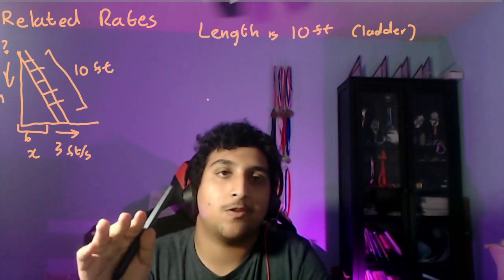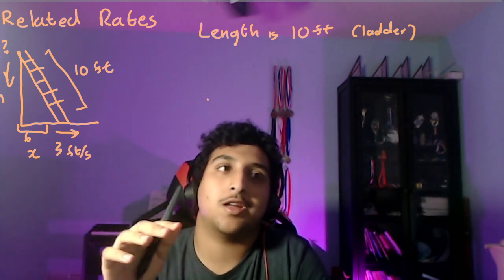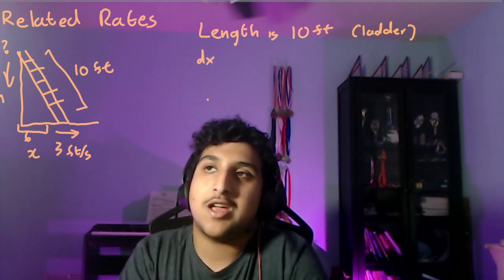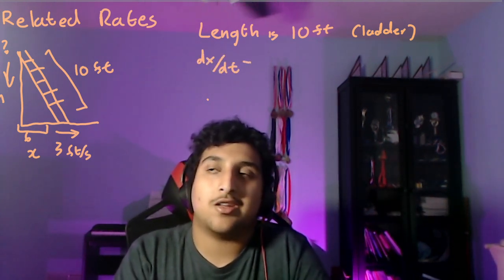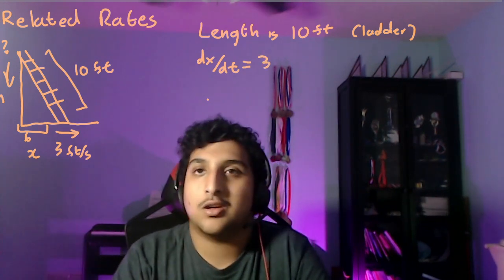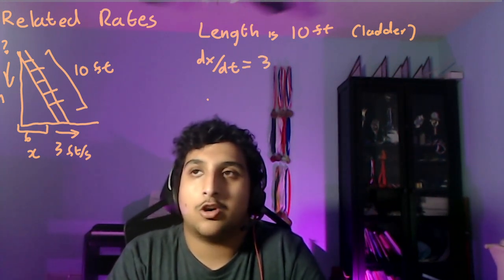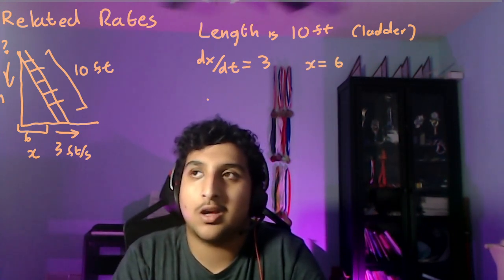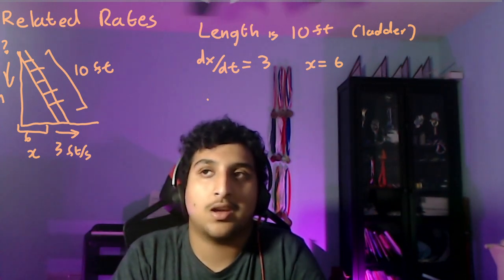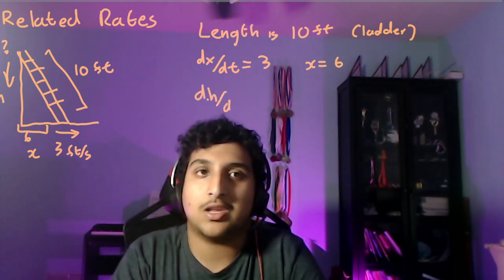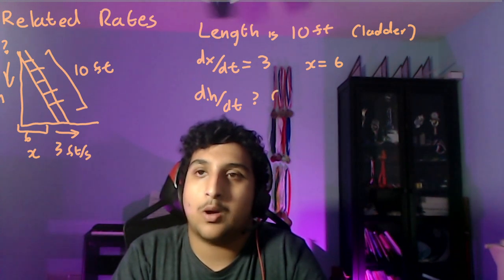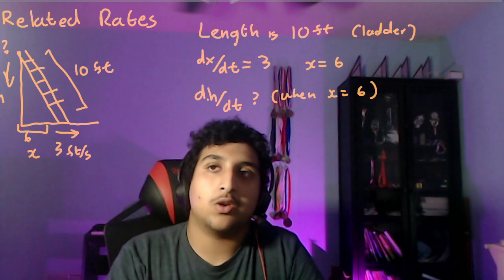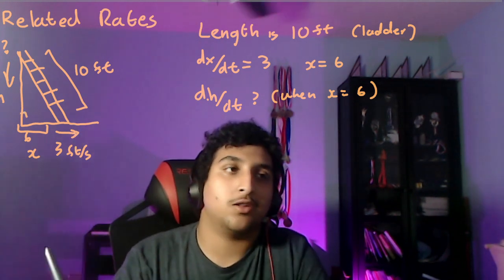When you see the word rate, you should think of how fast x is changing, and we already know the notation for it: dx over dt, remember? It's equal to 3 feet per second. We also know that x is equal to 6. What we want to find though is dh by dt when x is 6.